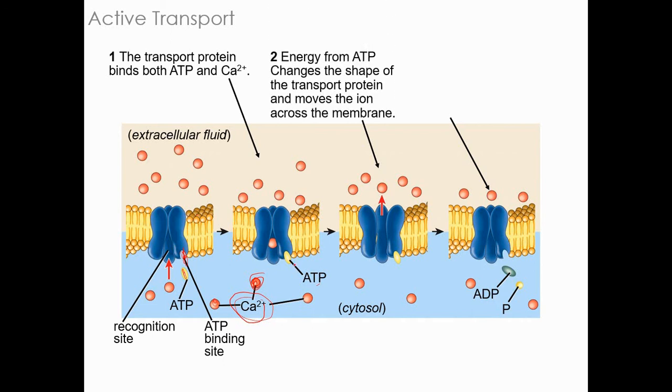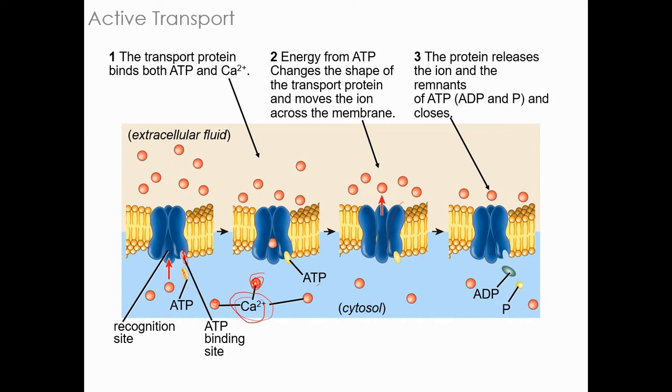Then, because it has bound to the ATP, the energy from the ATP will change the shape of the transport protein and move the ion across the membrane. Okay? So it changes shape, and then it moves the ion here.